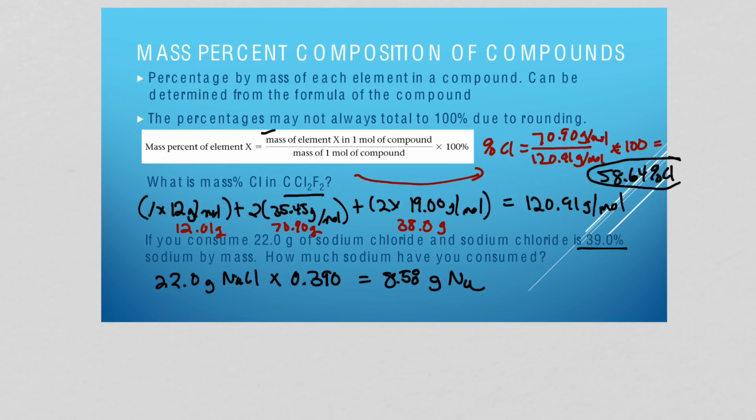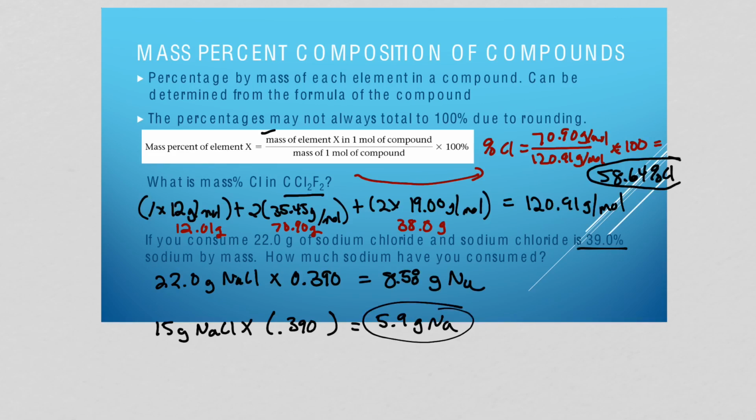So now, being armed with this, we could go back and look at the problem on the previous slide where we had 15 grams of sodium chloride, and we went through the steps to figure out the mass of sodium by using our ratios. We could simply now multiply it by the mass percent of sodium, and we would get the same 5.9 grams of sodium.